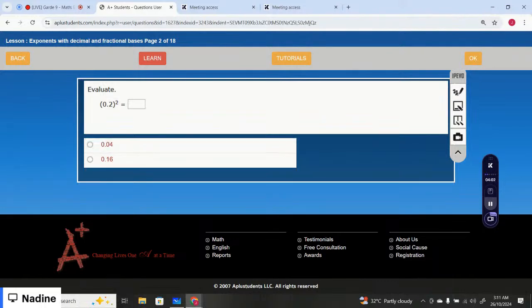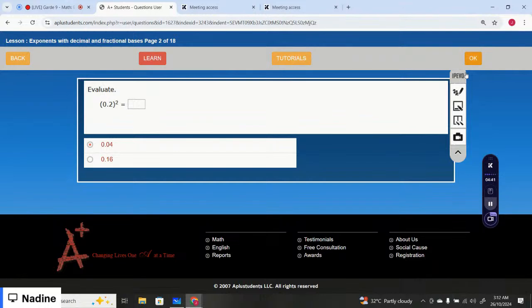0.2 exponent 2. So which is the correct option? So you have to do 0.2 times 0.2. So which is the correct option? That is 0.04.